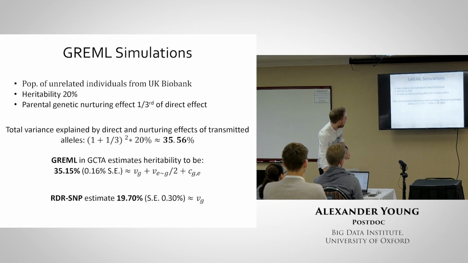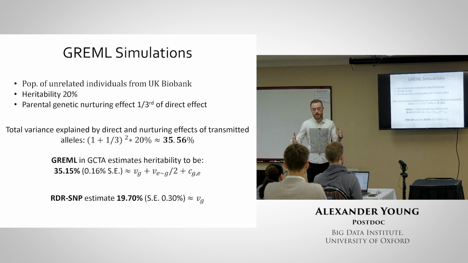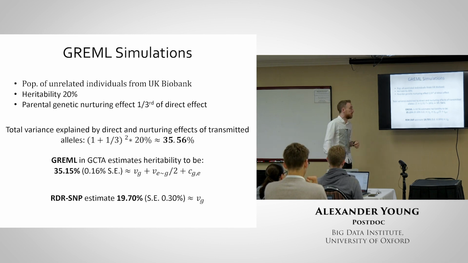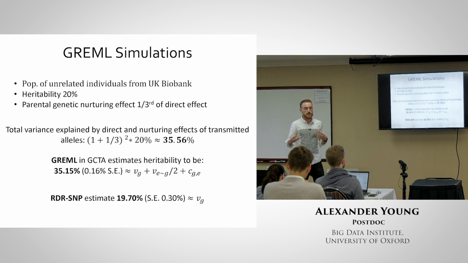So then there's a question of what Grammel is actually estimating, because it's not necessarily the heritability. It's basically like a high dimensional signal to noise ratio, like the amount of variation you could hope to explain with a regression at infinite sample size. So I did some simulations: unrelated individuals, SNP heritability 20%, and then a parental genetic nurturing effect one third the size of the direct effect.